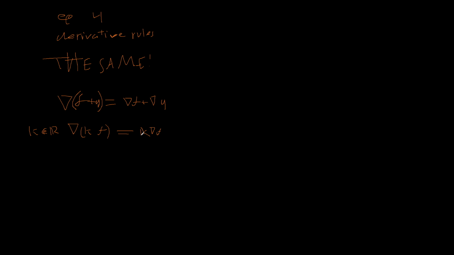And then if we have nabla of f times g, or f over g, well, then we just apply the quotient rule: (g nabla f minus f nabla g) over g squared. And for the product, we would use nabla (f g) equals f nabla g plus g nabla f.